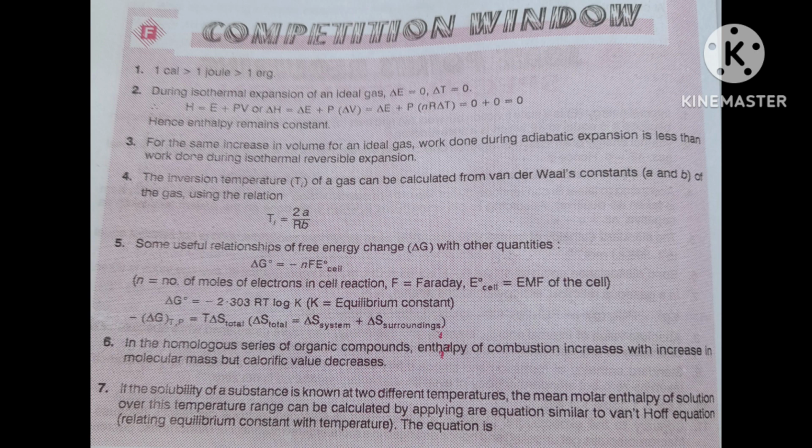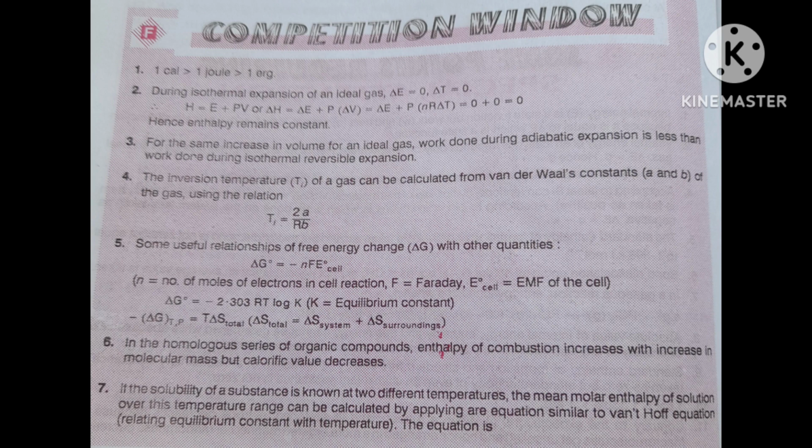Again I am repeating, this is an important concept. Homologous series of organic compounds are like CH3, C2H5, C3H7, with the formula CnH2n plus 2. Whether alkane, alkene, alkyne, or any homologous series, it will apply.